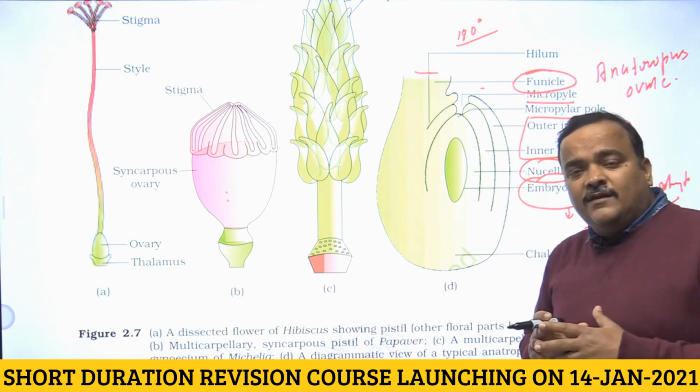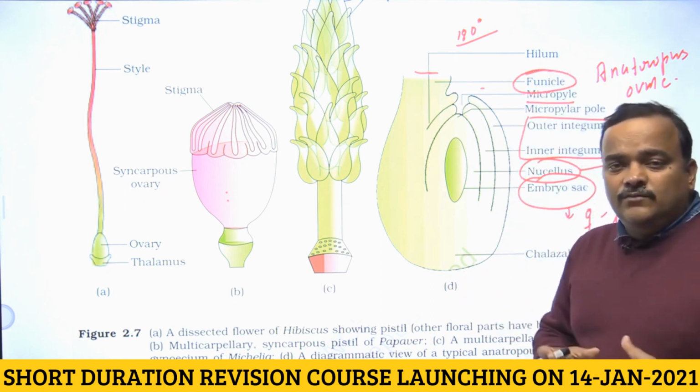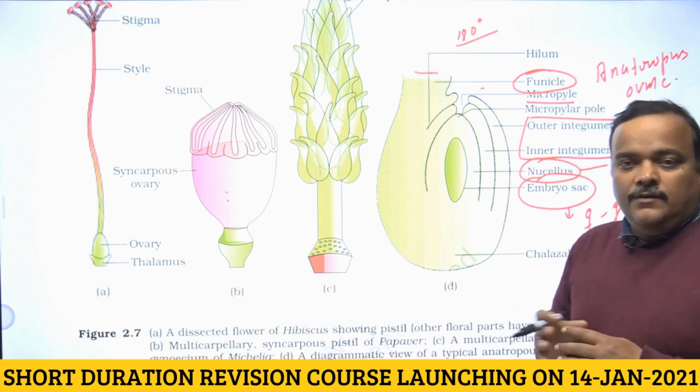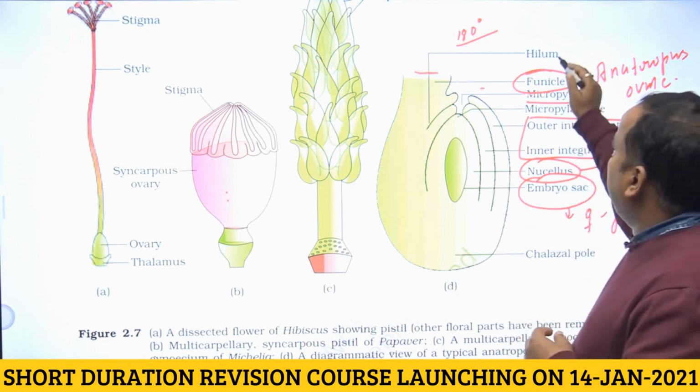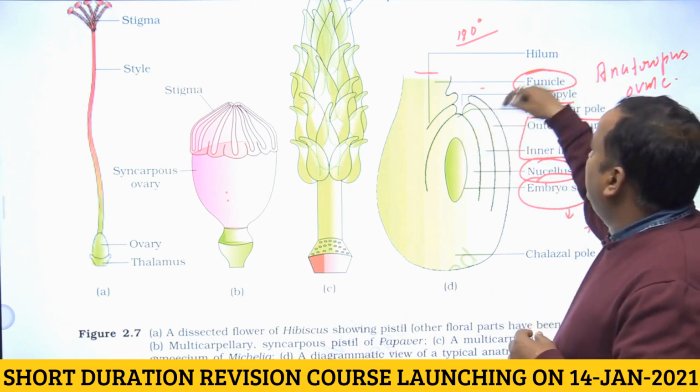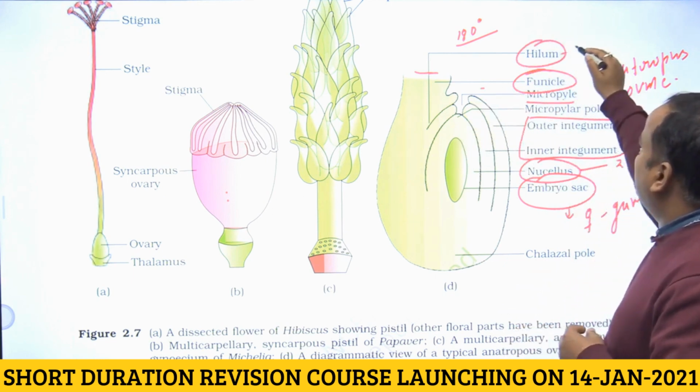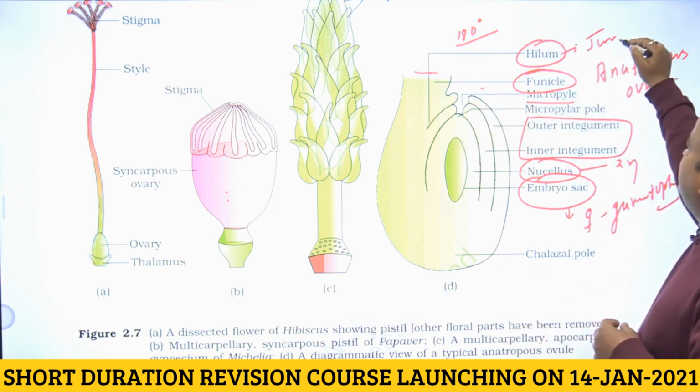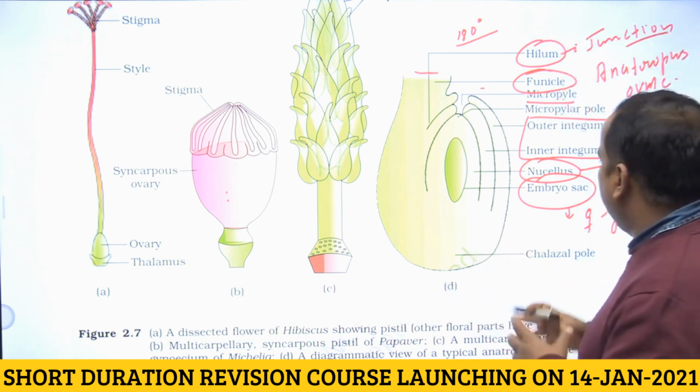Now then there is the funicle. It is a stalk-like structure through which the ovule is attached to the placenta. Then the junction between the funicle and the body of the ovule is referred to as the hilum.